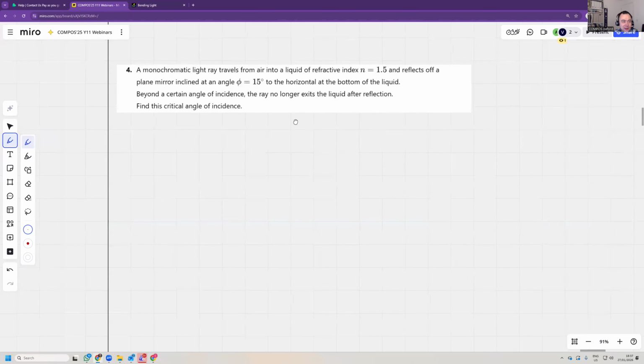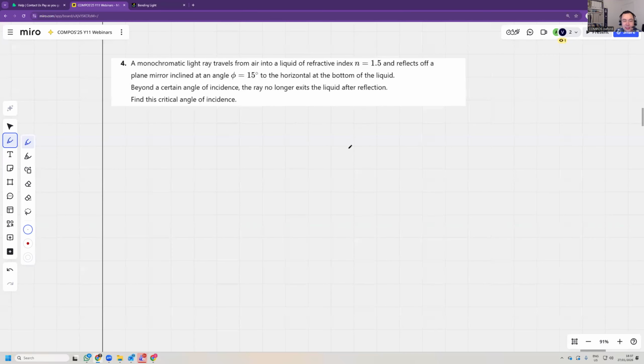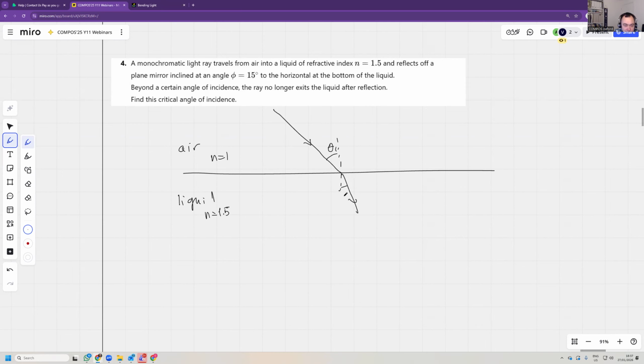A monochromatic light travels from air to a liquid with a refractive index of 1.5. So, air and liquid, air is 1, liquid is 1.5. So light enters, that's theta1, it enters the liquid.